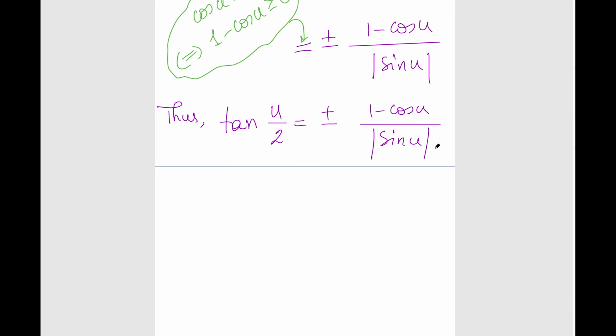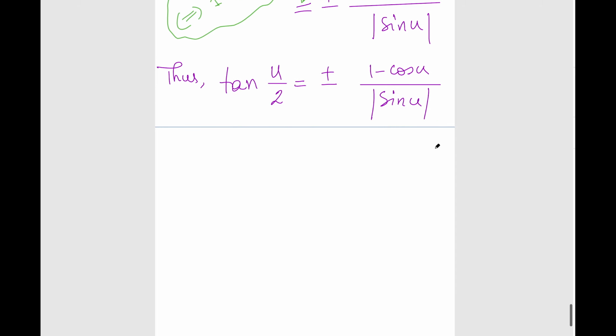Let me just talk about it here on this space. If sine of u is positive, it cannot be 0 because it's downstairs. If this guy is positive, what is the absolute value of the guy? Isn't it itself?